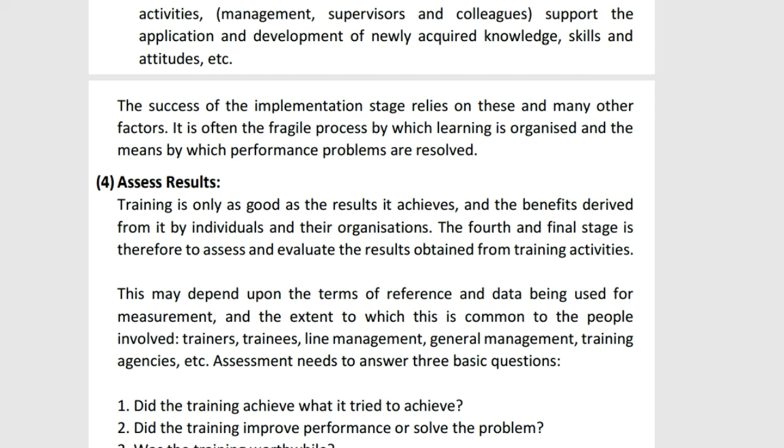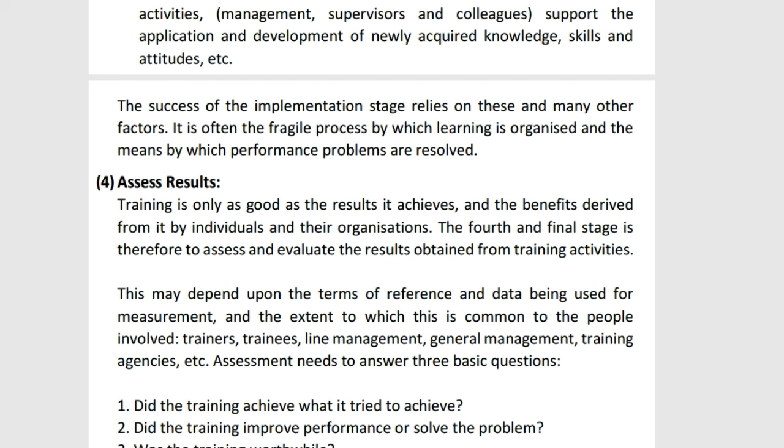This may depend upon the terms of reference and the data being used for measurement and the extent to which this is common to the people involved like trainers, trainees, line management, general management, training agencies, etc. Assessment needs to answer three basic questions.